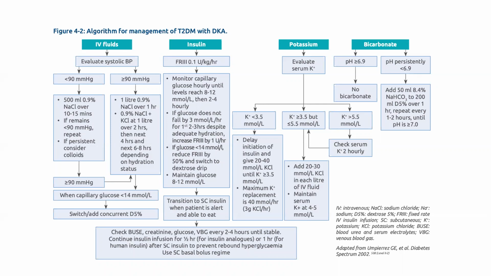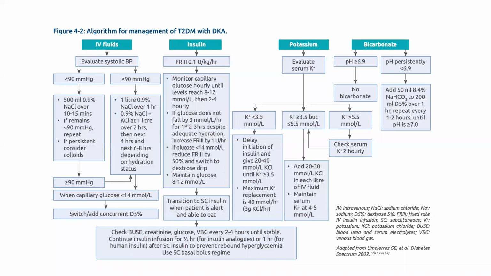This is because if the patient has hypokalemia, and then we start insulin straight away without correcting the potassium, then it will actually worsen the potassium further. That might endanger the patient, be fatal. So before actually going on to start insulin, we have to make sure that the potassium level of the patient is at an acceptable level.